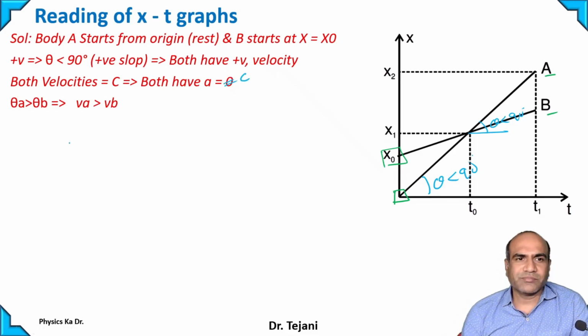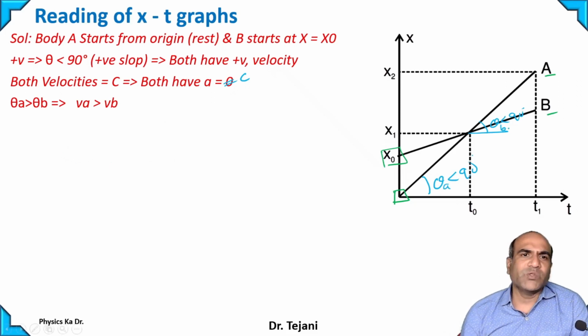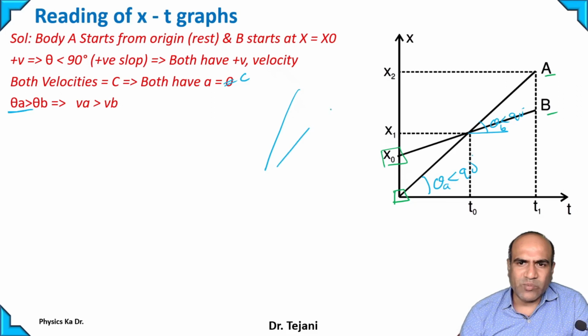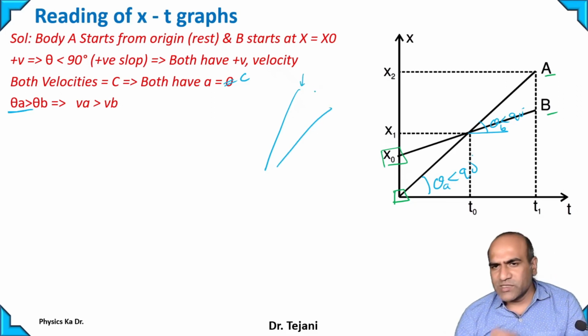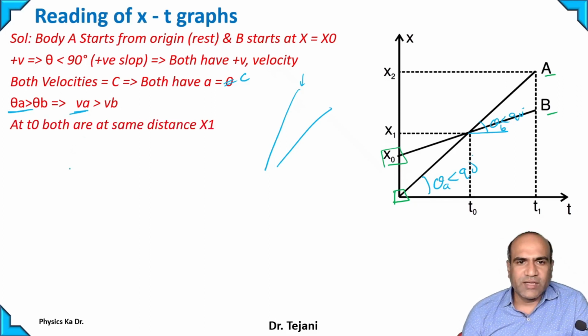That is also okay. This is theta A, this is theta B. Which one is bigger? A is bigger. You can even compare slopes directly. The bigger the slope, the larger the velocity. So theta A is bigger, and velocity of A is bigger compared to B.